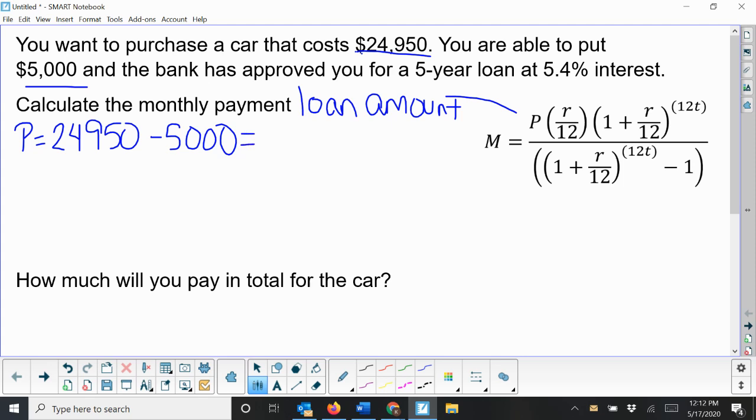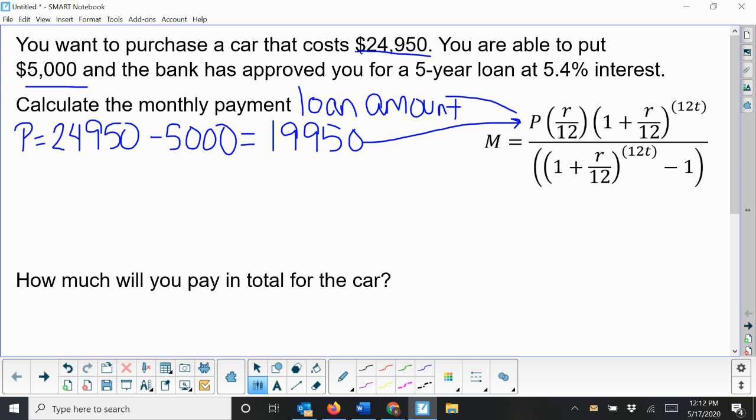So again, it's the loan amount, and so our principal is actually $19,950. When you put money down, you don't need a loan for the full cost. You need a loan for what's still left of that cost.